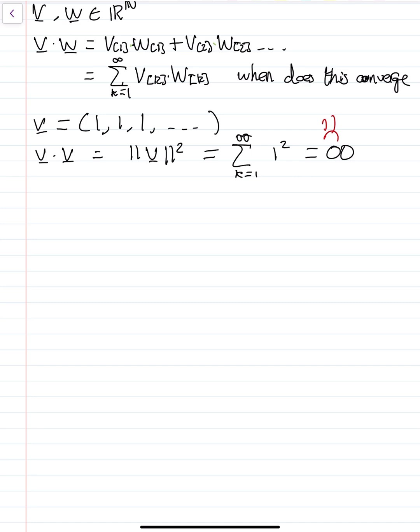However, let me show another example of where it does converge.